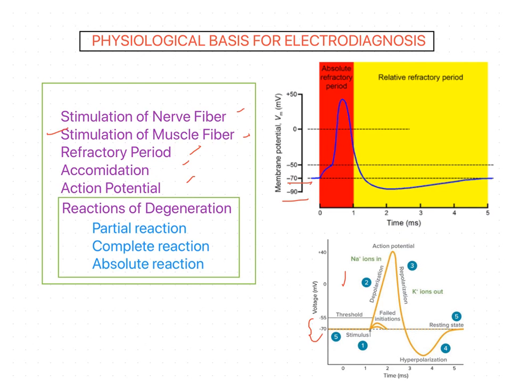It is possible to excite muscle directly and produce depolarization of the muscle membrane, causing excitation of the muscle using pulses of varying duration.